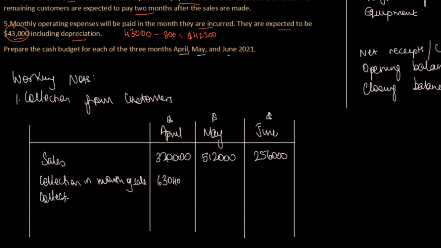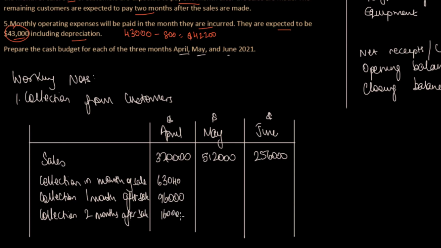Collection 1 month after sale, 30% of 320,000, 96,000, and collection 2 months after sale, 50% of 320,000, 160,000. So that completes April.